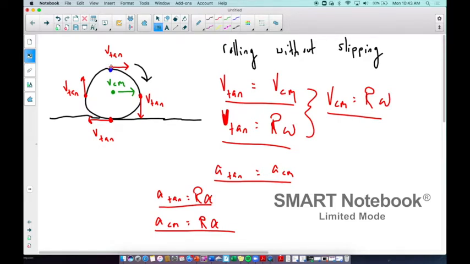Not only is it moving translationally across the floor with the center of mass, but it is also moving with this tangential velocity here. So if these two are equal to each other and we let them be v, then the actual velocity of this point here would be 2v, wouldn't it? That would be the instantaneous third-person point of view velocity of that point on the wheel, 2v.